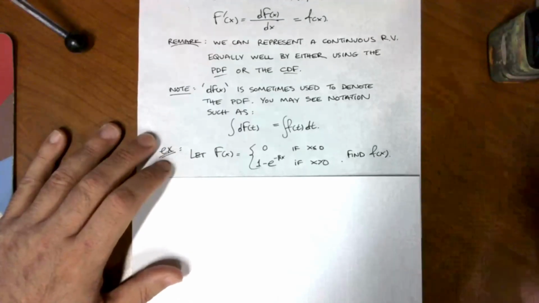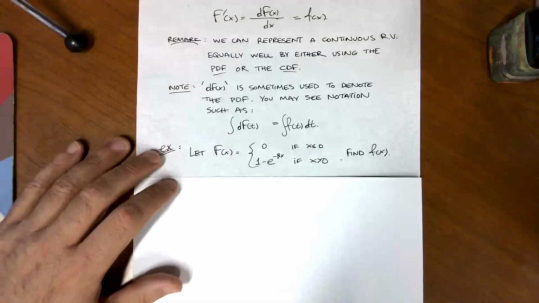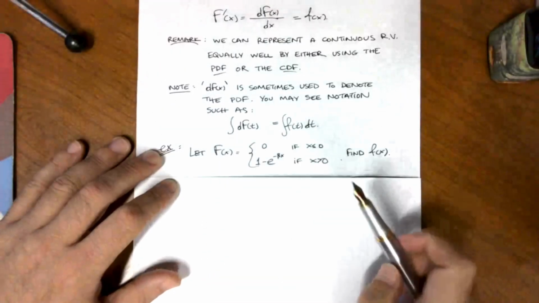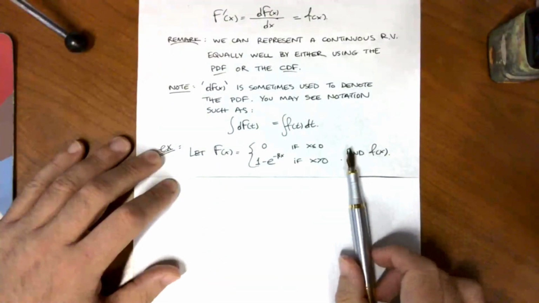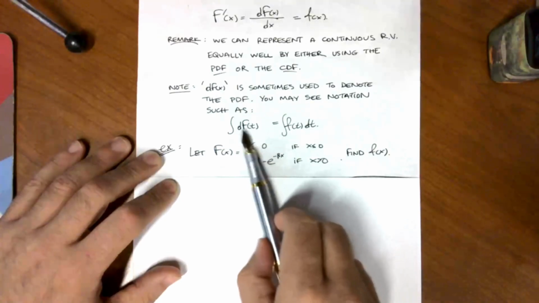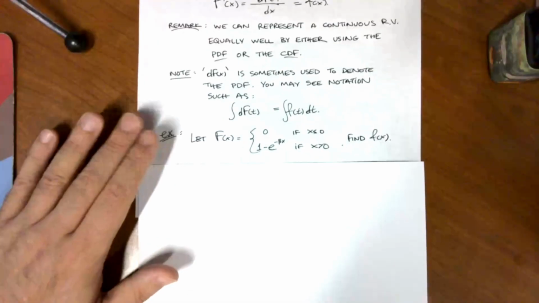Alternatively, you can use a distinct notation for the PDF that helps make the point across, right? So dF of x is sometimes used to denote the PDF, of course, because this is a differentiation of the CDF. So this is sort of the exact analogous format.